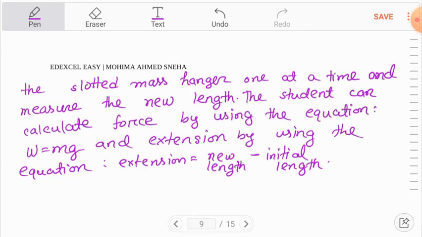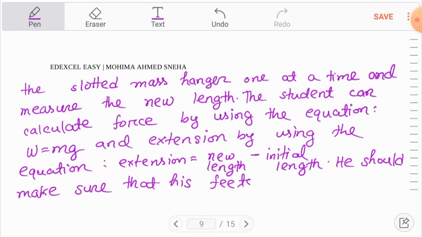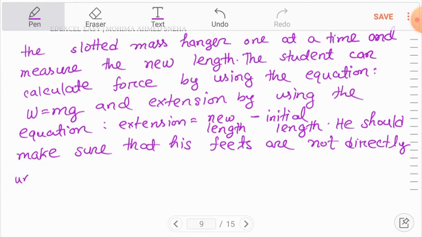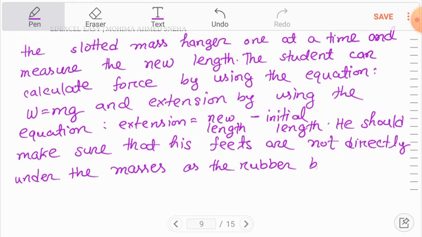So we should write the precaution that he should make sure that his feet are not directly under the masses, as the rubber band might break off, causing the masses to fall onto his feet.